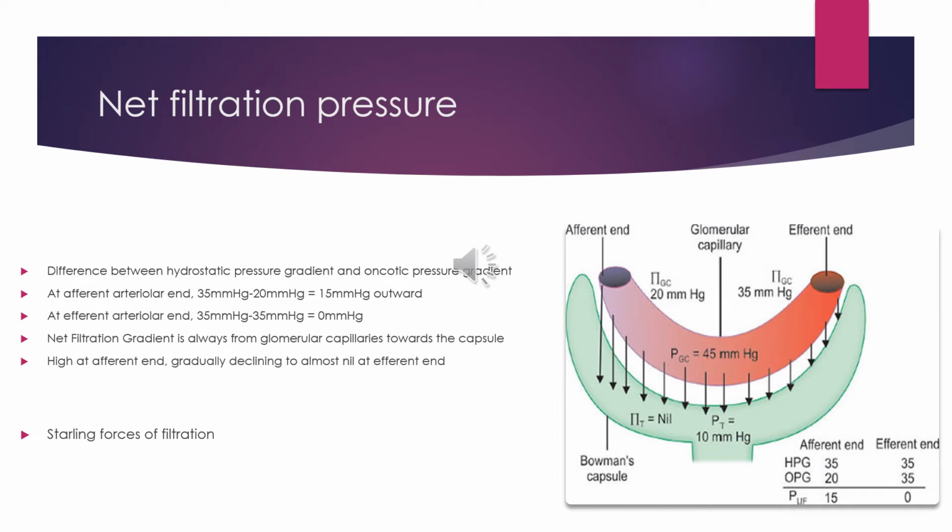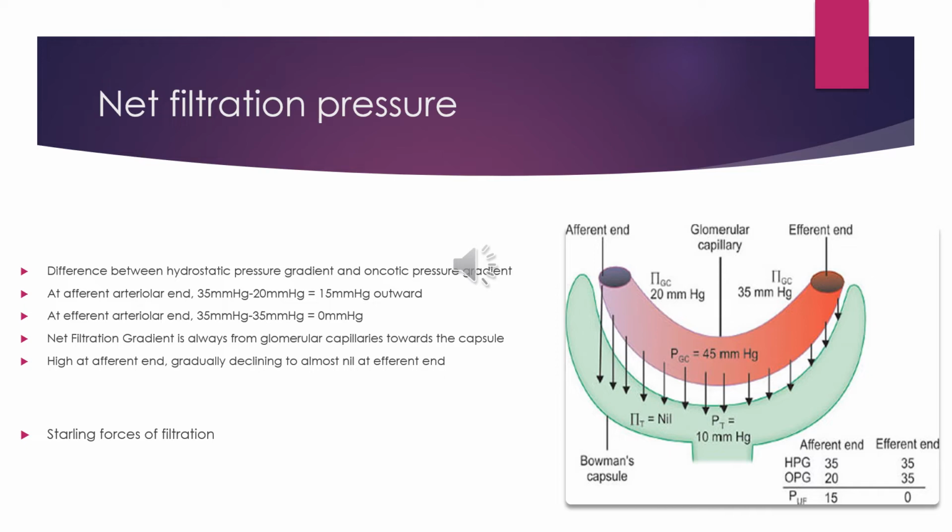Now we know that the hydrostatic pressure gradient acts in a direction opposite the oncotic pressure gradient. Also, we know that hydrostatic pressure gradient favors the filtration, whereas oncotic pressure gradient opposes the filtration. So, net filtration pressure or effective filtration pressure is the difference between the hydrostatic pressure gradient and oncotic pressure gradient. Or simply we can say that it is the balance between the pressures favoring the filtration and pressures opposing the filtration.